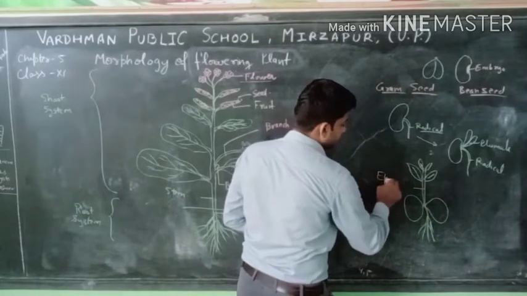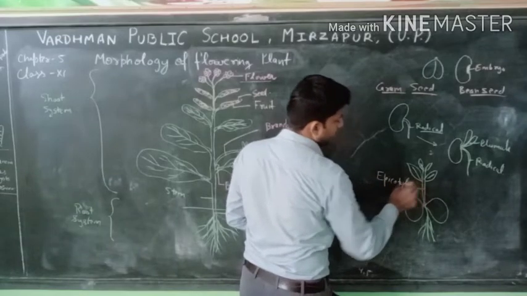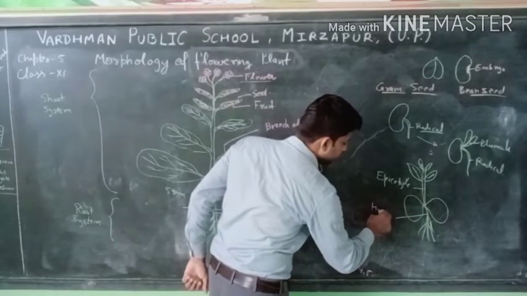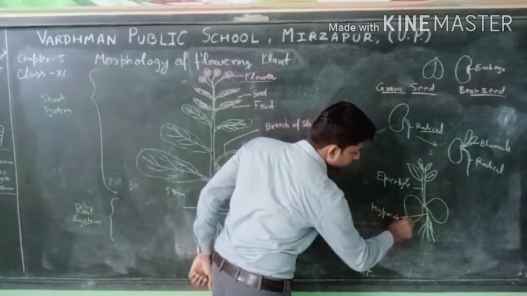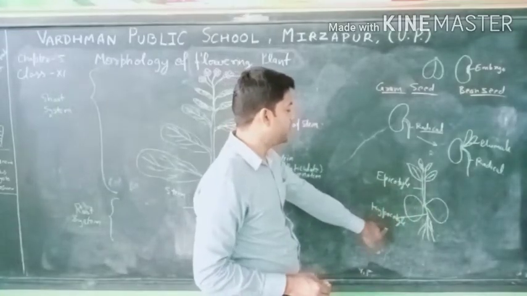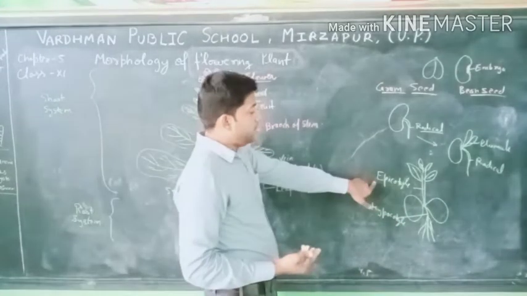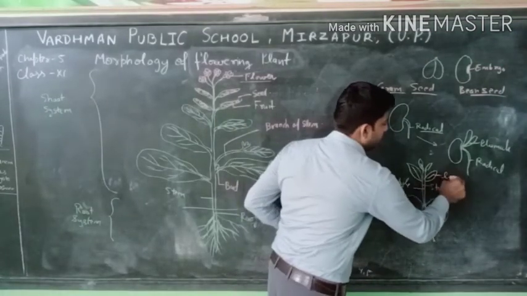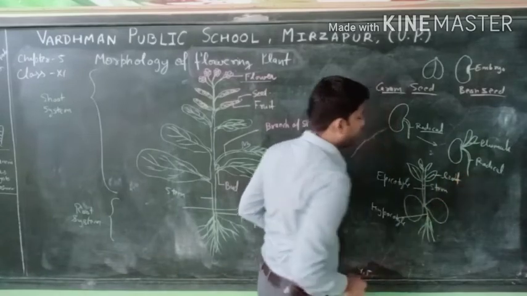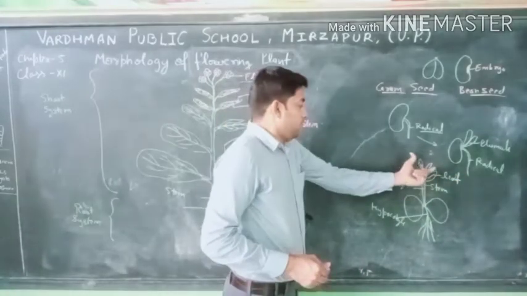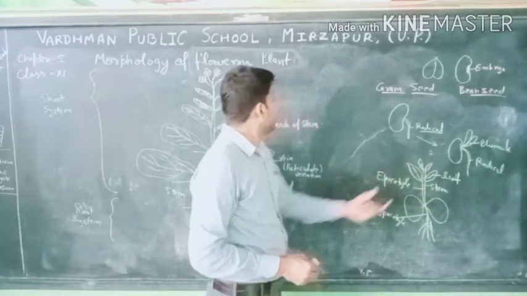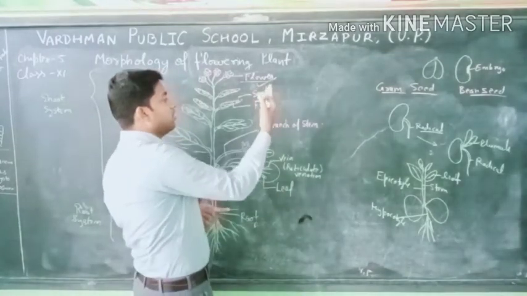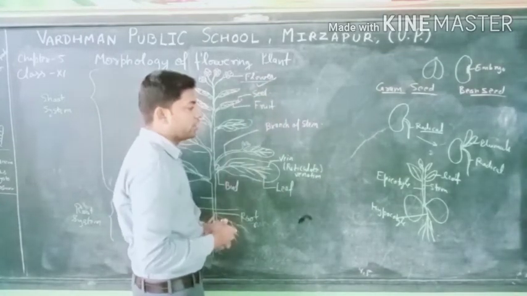Epicotyl is developed from the plumule, while hypocotyl is developed from the radicle. Further, the epicotyl synthesizes the stem. Leaves are the modified part of the stem. Now, this stem is modified to synthesize flowers, and flowers are modified to synthesize fruits and seeds.